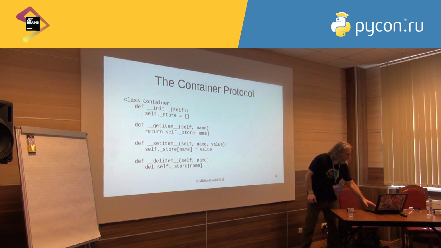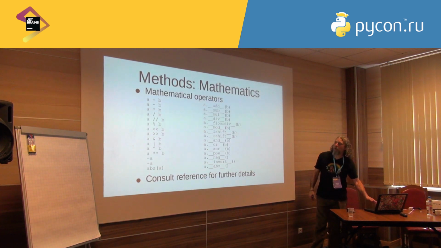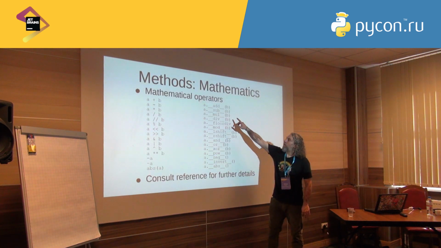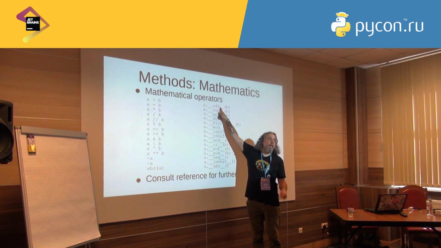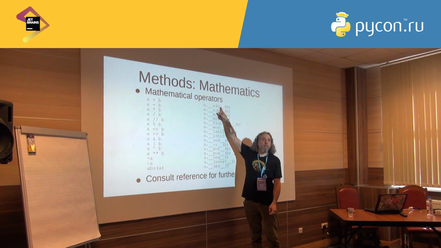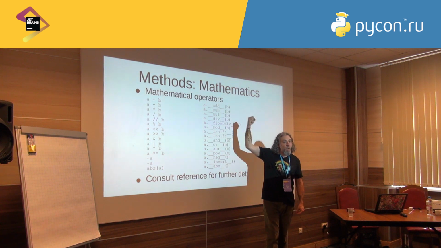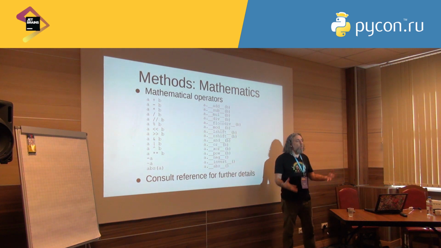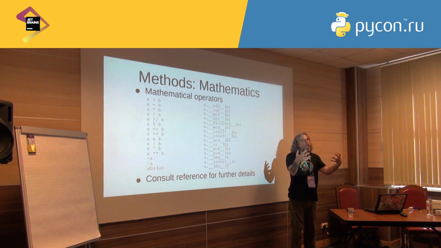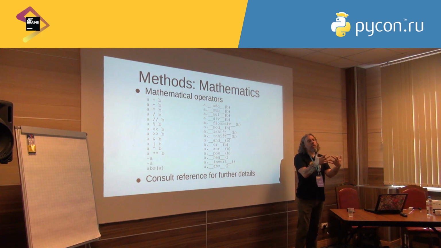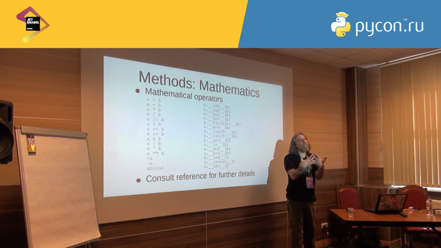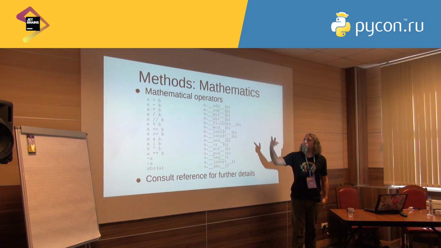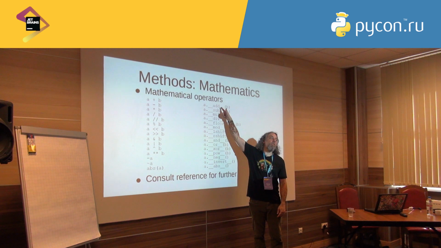It's like even with the numeric tower, it's not just numbers that have dunder add. Strings have dunder add, and the path objects in pathlib, you can add paths together. What you're doing is saying, my object supports the addition operation. Addition is meaningful for this object. Now, there's no reason why you would need to use the plus operator.